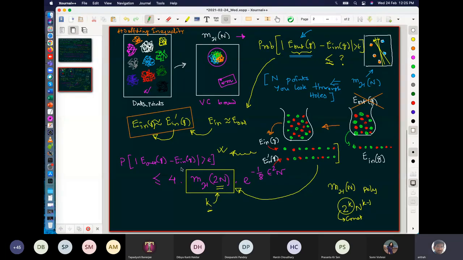So this is what we call the Vapnik-Chervonenkis inequality, or Vapnik-Chervonenkis bound. And this is one of the most significant results in learning, where they showed that whatever you learn in sample, with a sufficient number of data points or training examples, can equally be good to predict your out of sample error.